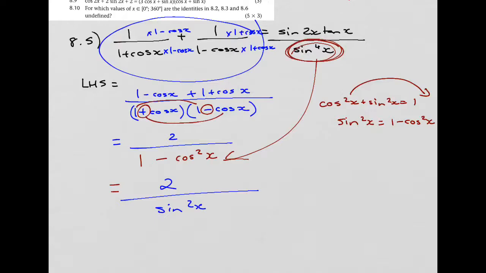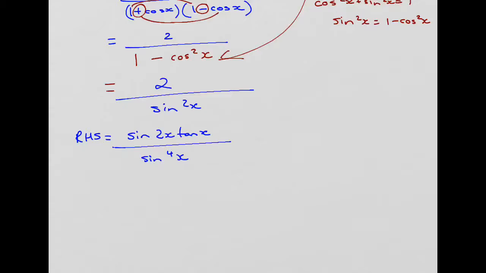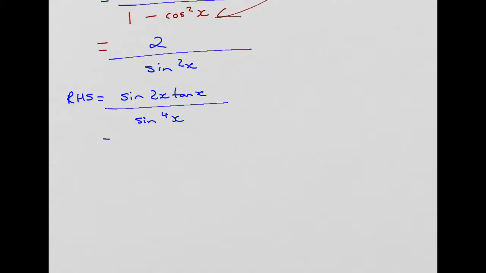Right, so I've already got rid of the cos's on the left-hand side, because on the right-hand side I have no cos's at the bottom, so now I have no cos's at the bottom on the left-hand side. My right-hand side is quite a nice one here because you only have one double angle to work with.